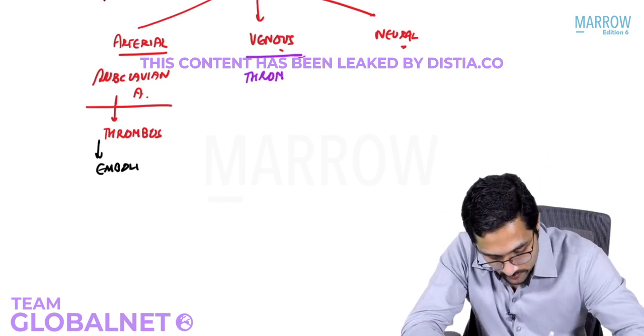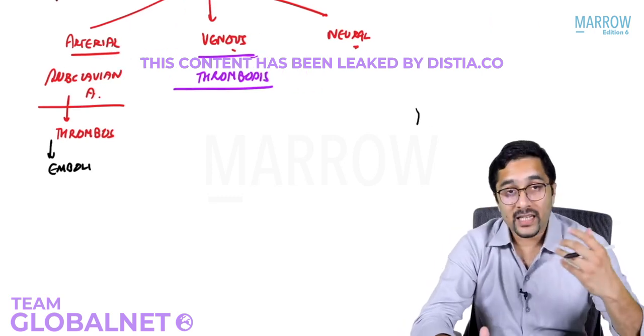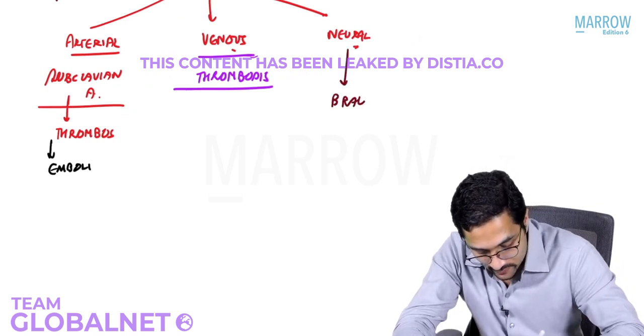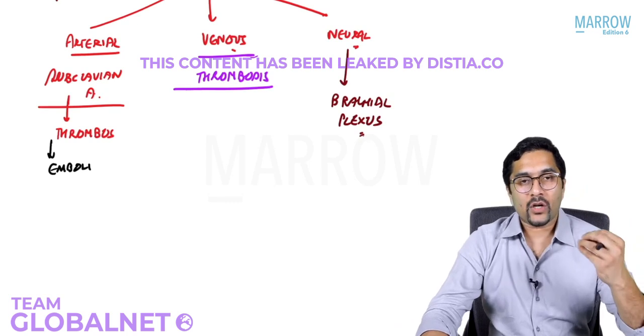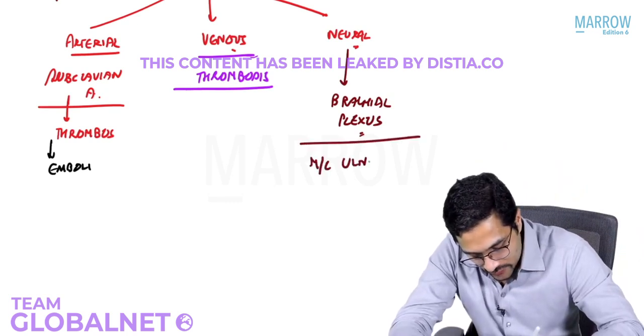There can be thrombosis of the subclavian vein, or axillary vein thrombosis can also occur in these patients. And for the neural symptoms, the brachial plexus can get compressed, and that can give rise to symptoms mainly on the ulnar side. Most commonly, this is in the ulnar distribution.